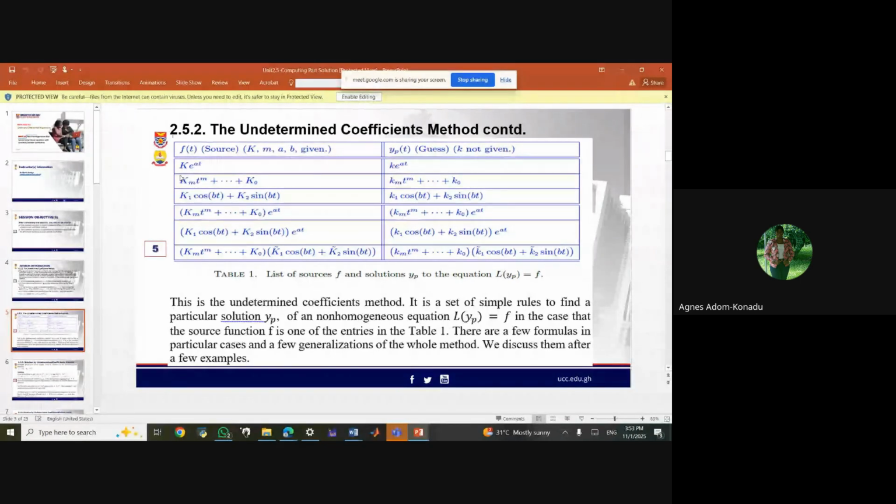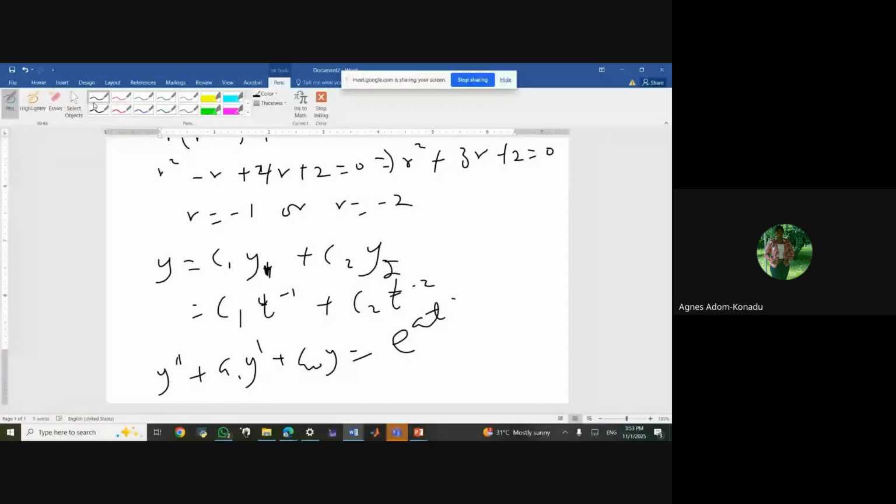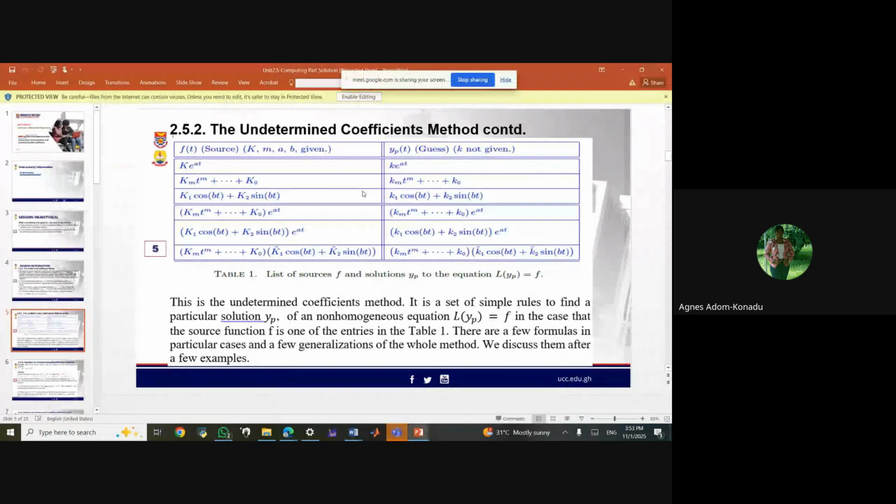Now, if that side is a polynomial function, not exponential, k_n t to the power n plus k_(n-1) t to the power n minus 1, and so on, then your guess will be k_n t^n, k_m t^m, and so on.